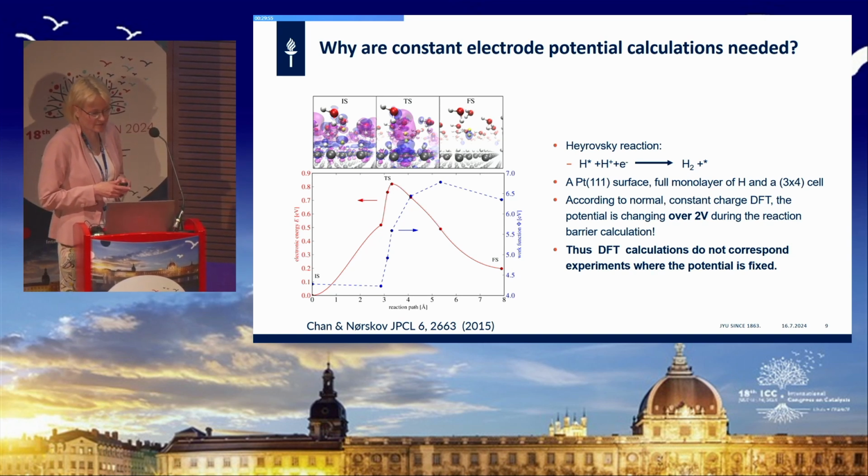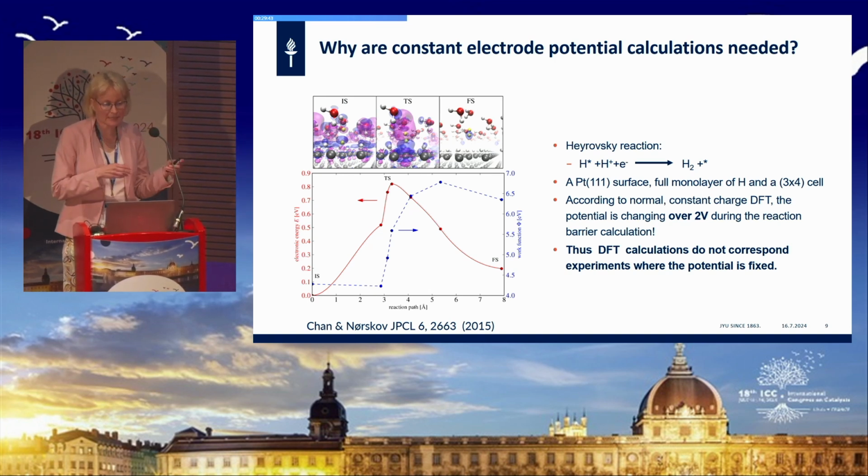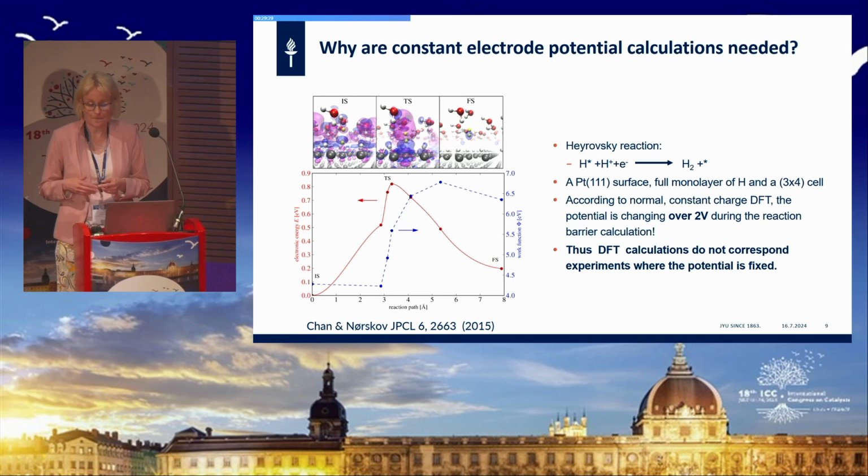And Karen Zhang and Jens Nørskov computed the barrier for the reaction. What they observed is that the potential, that is the Fermi level, is changing over 2 volts during the reaction barrier calculation. So this kind of calculation does not mimic the experiments where the potential is fixed.